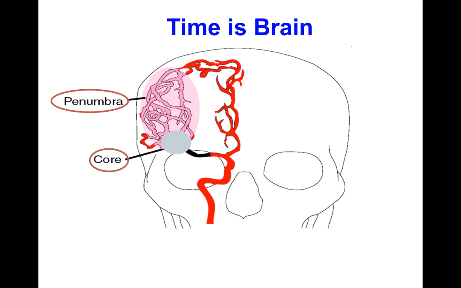This is an area of the brain that's marginally ischemic. It's still got some blood flow from collateral vessels that you can see here in the middle of the brain. But if you don't restore full blood flow to the penumbra within about 2 to 3 hours, that area of the brain is also going to get ischemic and die too. And you can imagine that your stroke symptoms are going to be much bigger and your deficits much more severe.